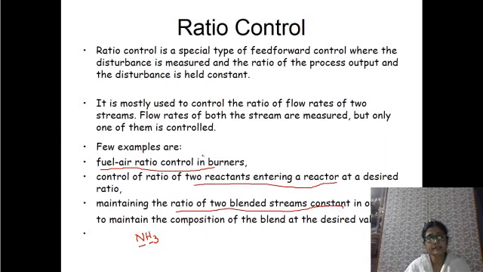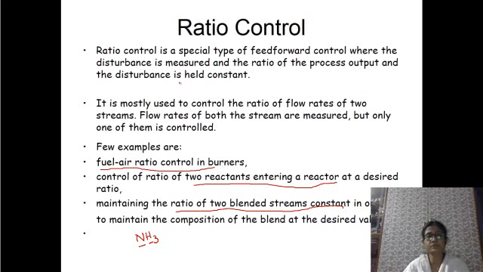So these are the special applications where ratio control should be applied. Now ratio control is a special type of feed forward control where the disturbance is measured and the ratio of process output and the disturbance is held constant.